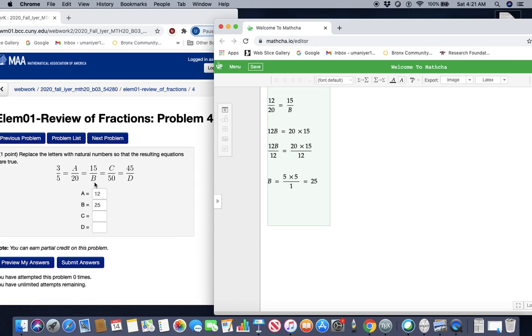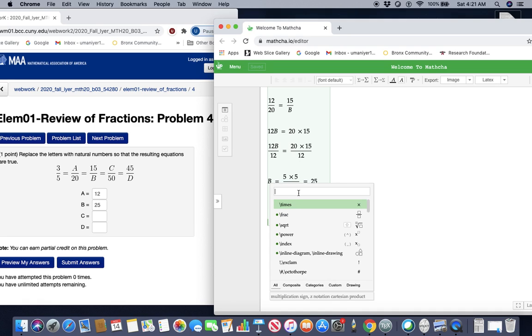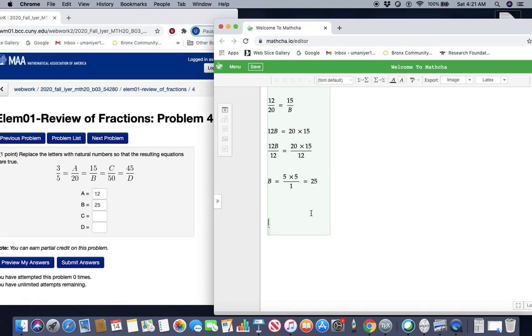Now I will use 25 here and solve for C. Again cross multiply.